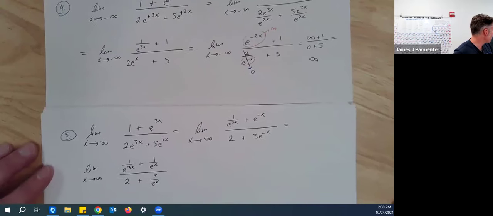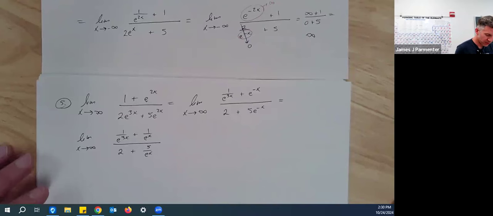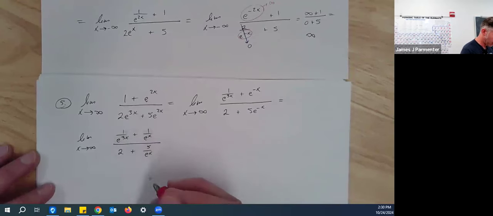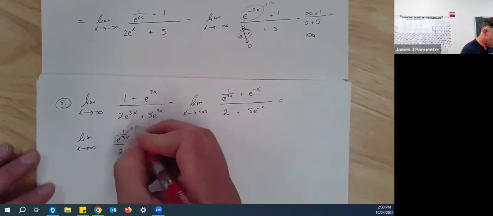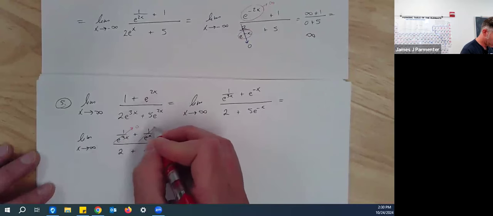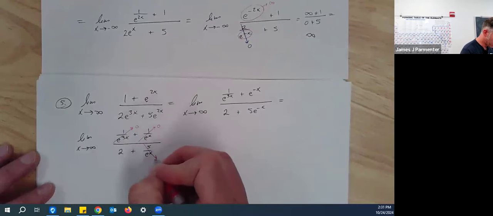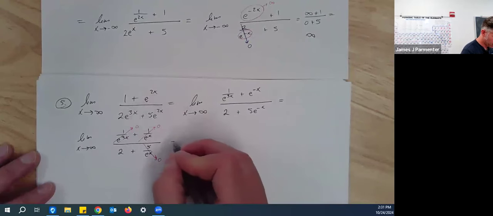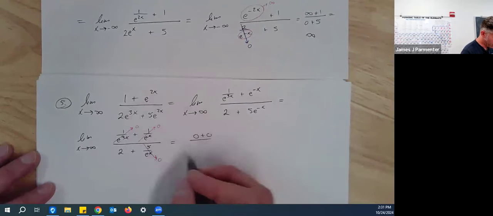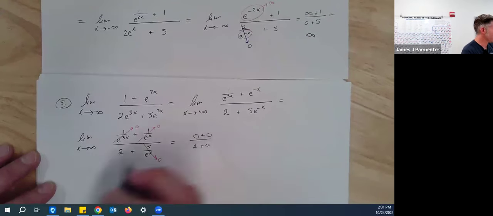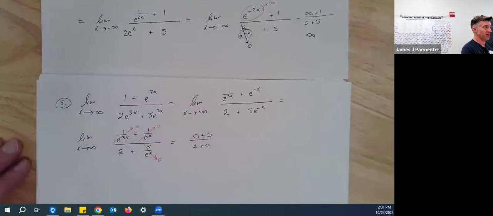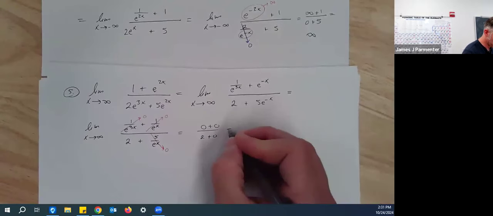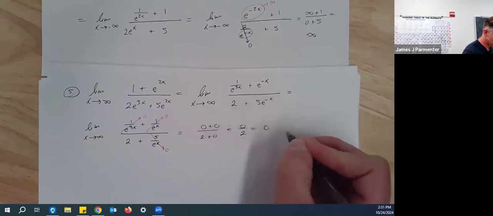And then each of these things that are 1 over e to a power, well, since x is going to positive infinity, you have 1 over something very large, which gets small. 1 over something very large, 5 over something very large. So we end up with 0 plus 0 over, very importantly, 2 plus 0. That 2 is important. If it wasn't there, we'd have a 0 over 0, which is a problem. But here we don't. We have a 0 over 2, and 0 divided by 2 is 0.